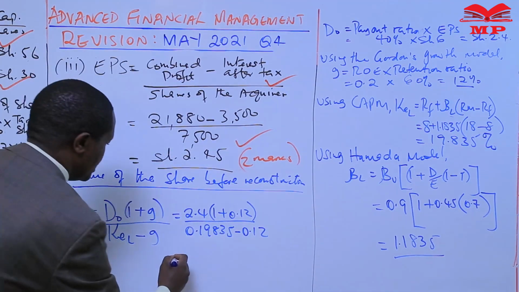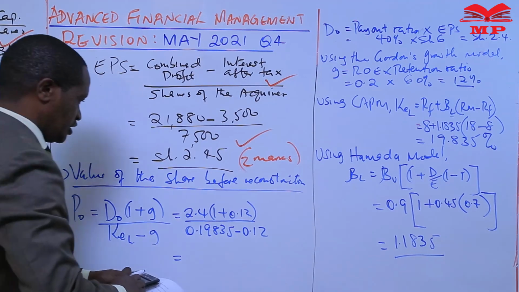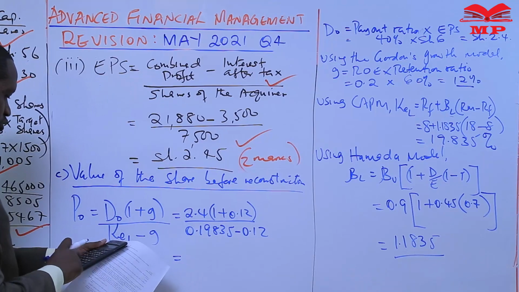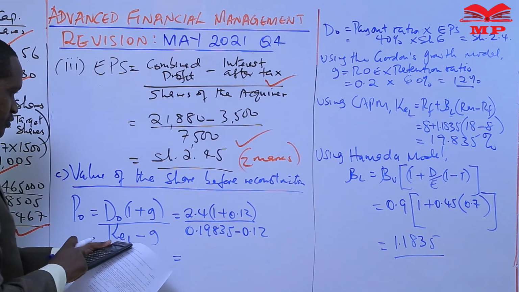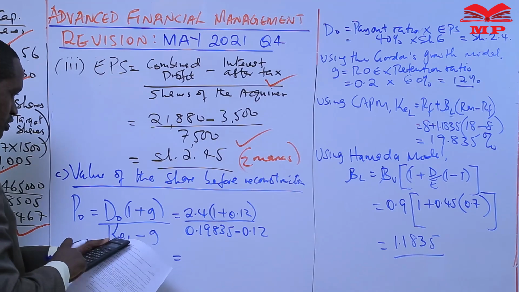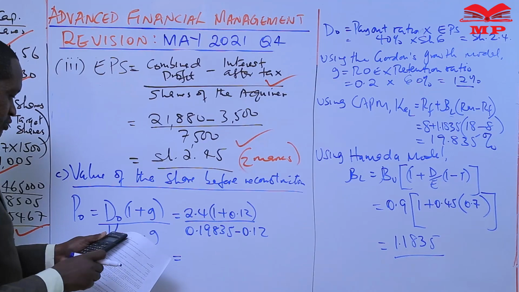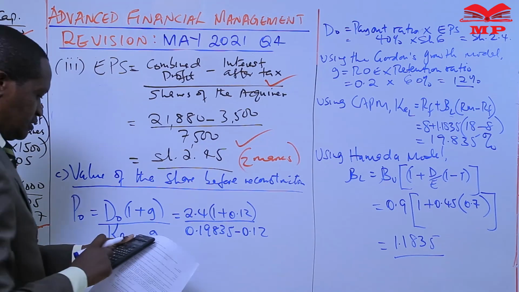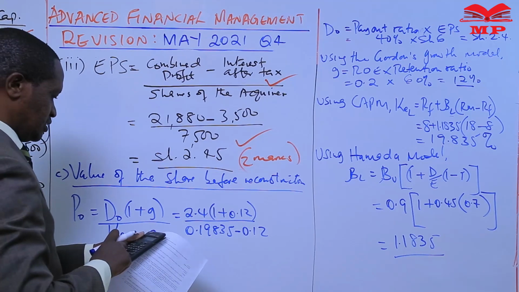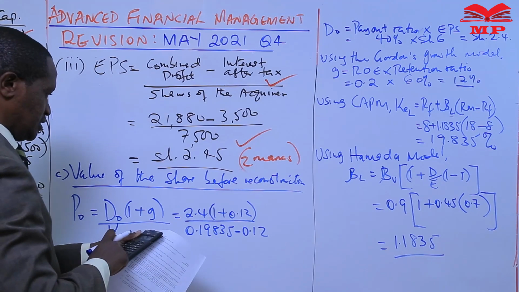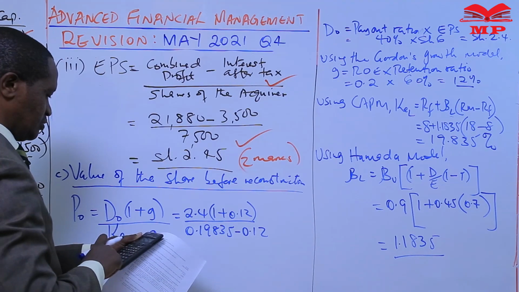Therefore, candidates, the value of this share will be equal to 2.4 times 1.12, divided by 0.19835 minus 0.12.